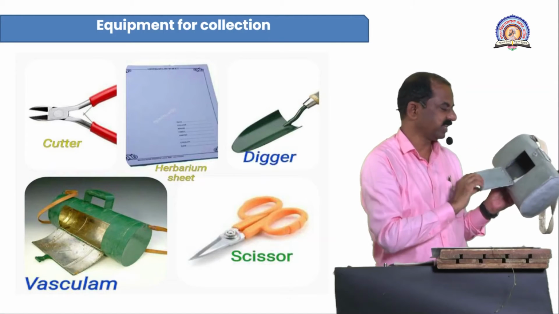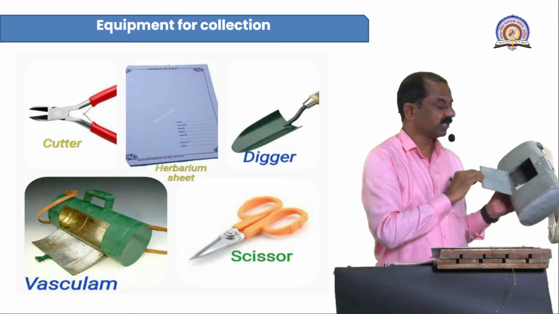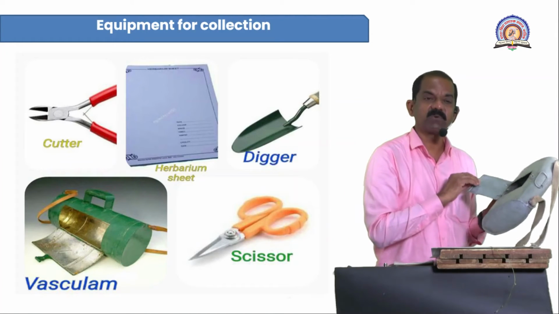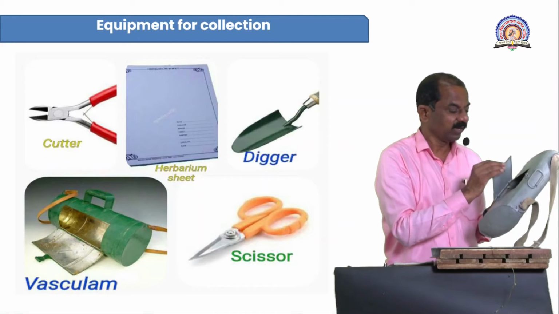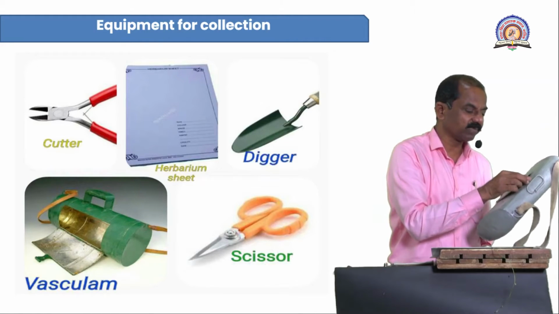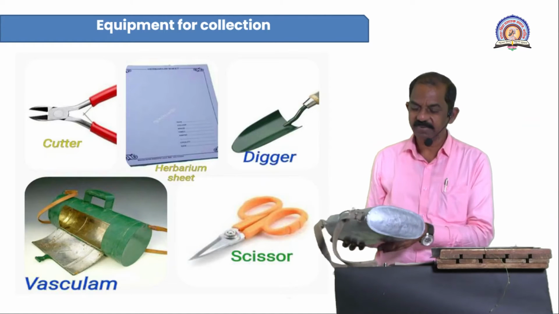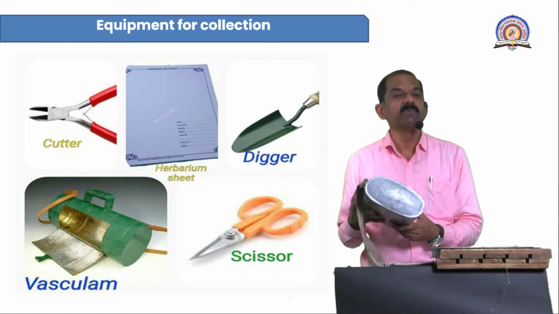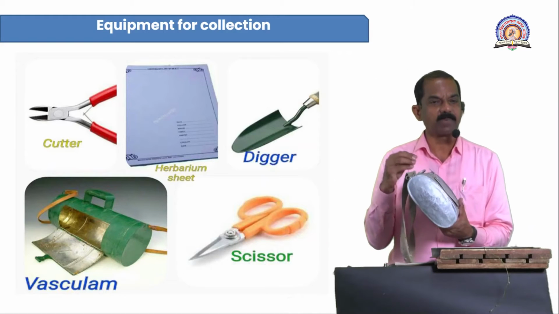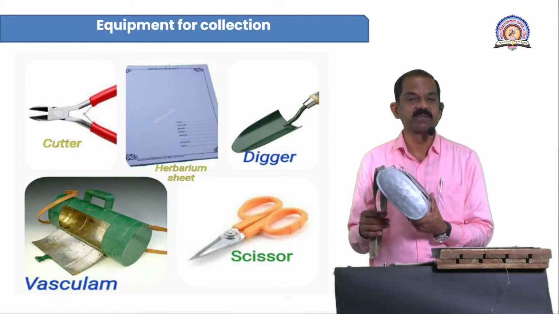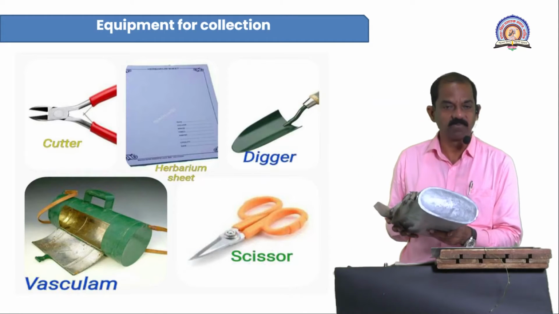When one specimen is in, lock it again, then collect another. In this way we collect the plant specimens so that they remain fresh. So the vasculum is a metal container used to collect plant specimens from the field so that the plants stay fresh.